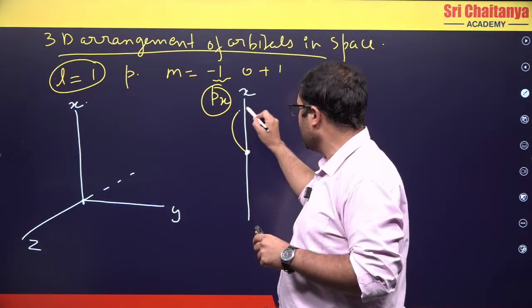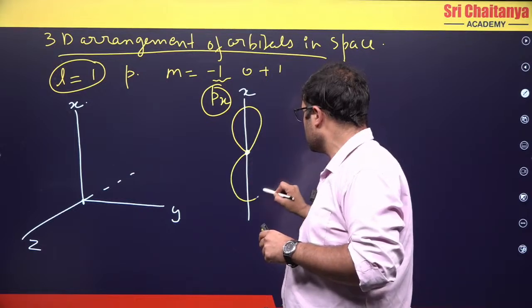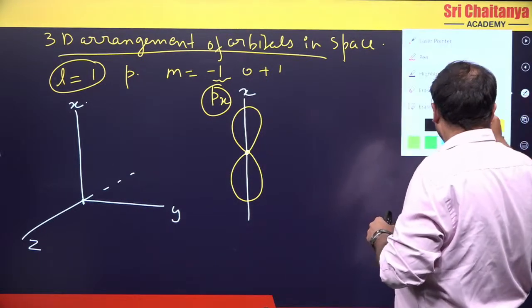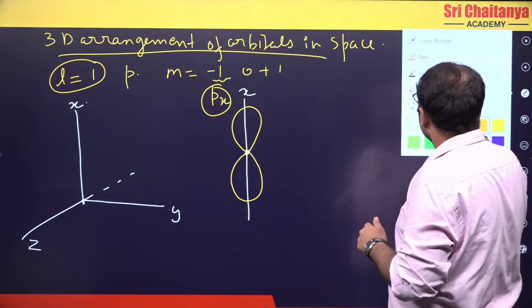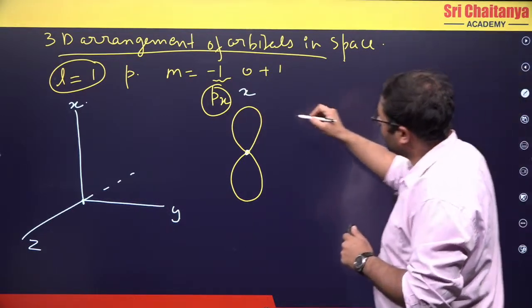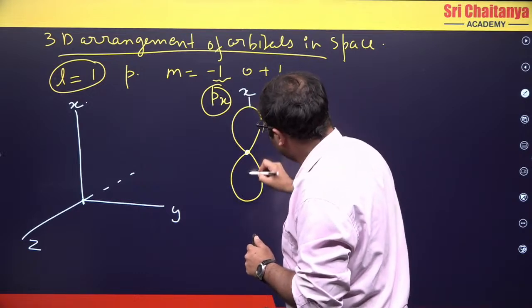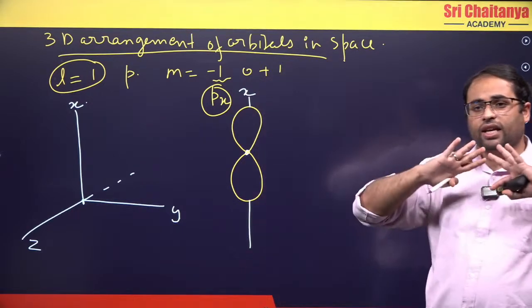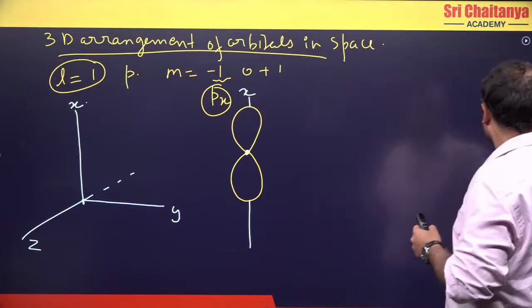This orbital will be like this, right? If I erase this and draw it more artistically, here and here, right? It is surrounding the x-axis.